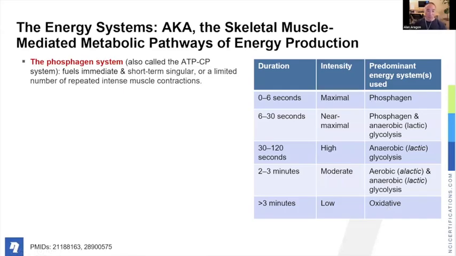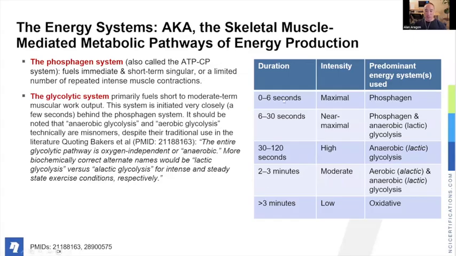More descriptions here. The phosphagen system is also called the ATP-CP system. And this fuels immediate and short-term singular or a limited number of repeated intense muscular contractions. That's over here from 0 to 6 seconds of maximal intensity.